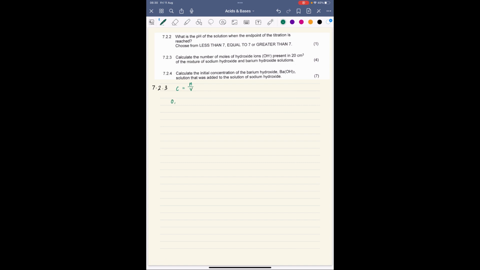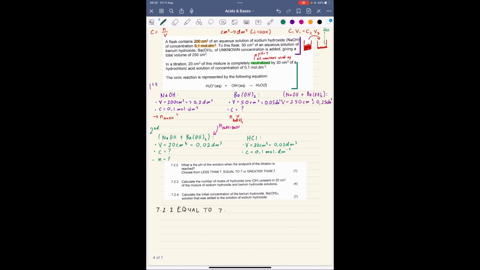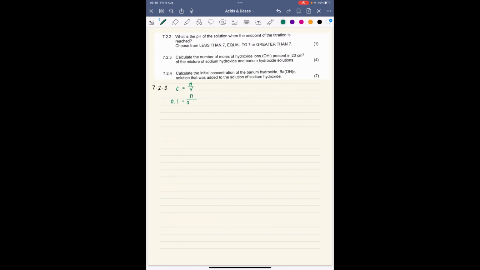Our concentration of our HCl is 0.1 moles per decimeter cube. We want to find the moles of HCl, and the volume of HCl is 0.03. So when we multiply this, we're going to get exactly the same thing. So the moles of HCl is equal to 0.003.